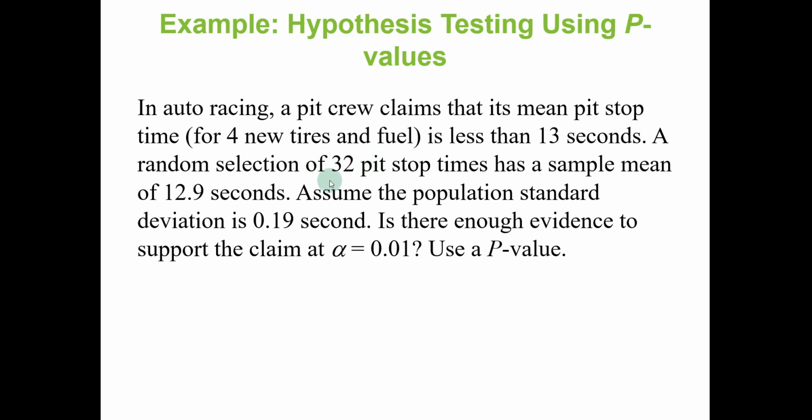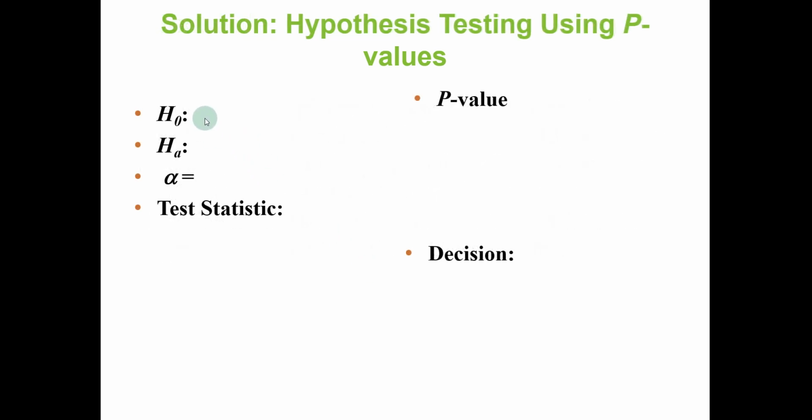A random selection of 32, your n is 32. The sample mean is 12.9 and the standard deviation is 0.19. Here you have your level of significance. Level of significance has been given, you can use it. So null and alternative hypothesis, level of significance has been given.